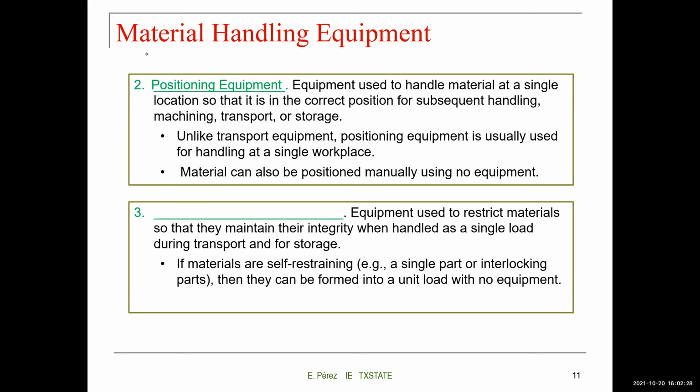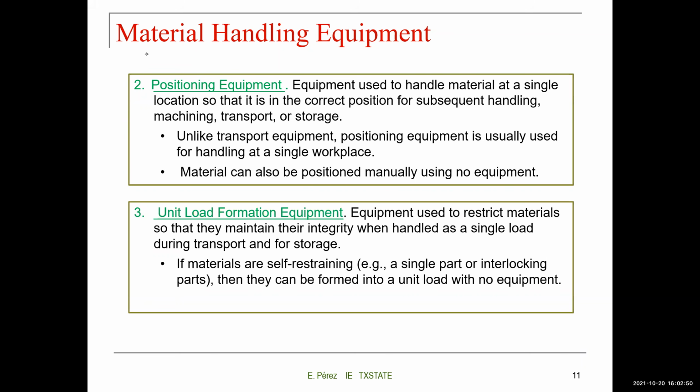So the idea is you have, for example, a table, and then you're getting this product into your table, and you have an equipment that is going to allow you to position that so you can proceed with the next steps on the process. Material can also be positioned manually using no equipment.